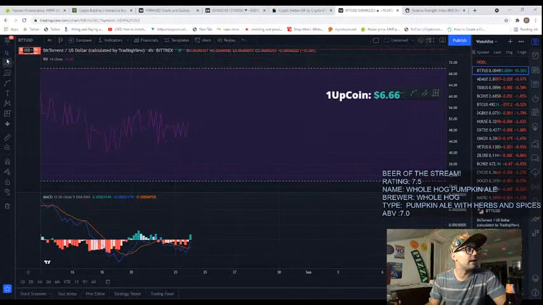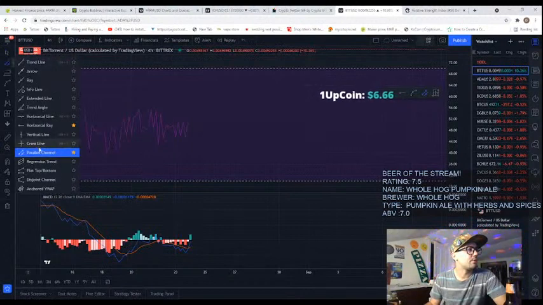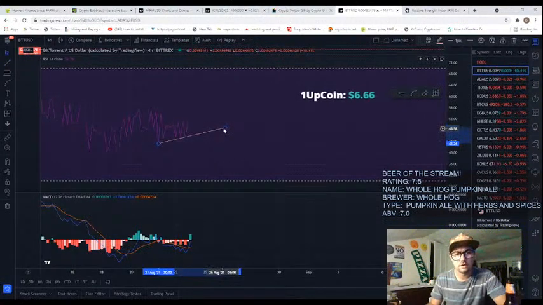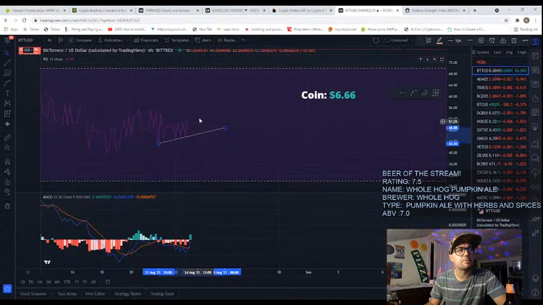What else can you look at? Well, you could see that if we draw a trend line from the low to the next low, the RSI is bullish because the RSI is upward. It's making higher lows.